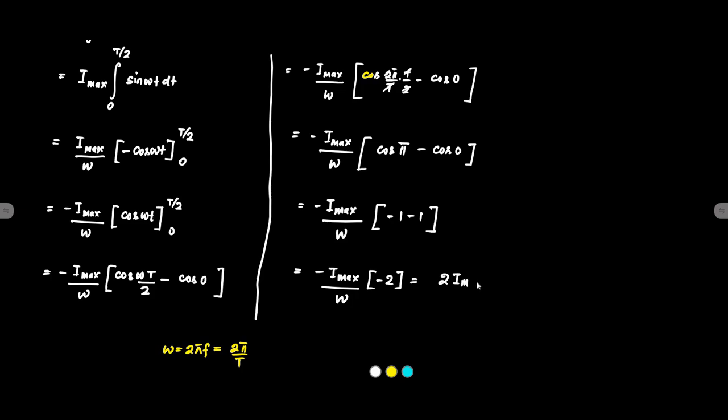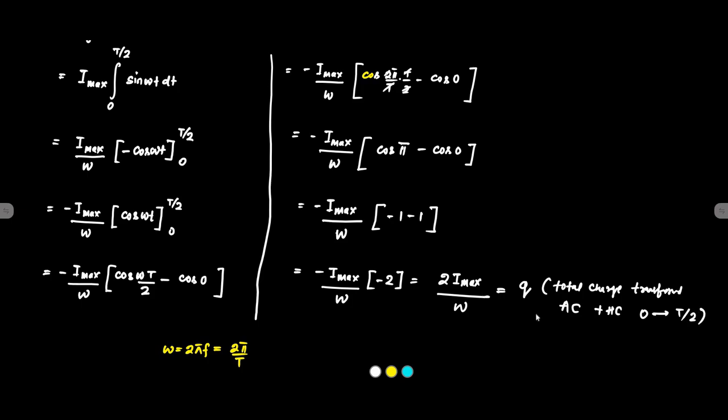So what is 2 Imax by omega? It is the total charge transferred by the alternating current in the positive half cycle, that is 0 to T by 2.